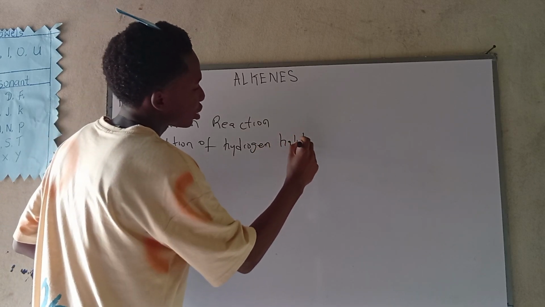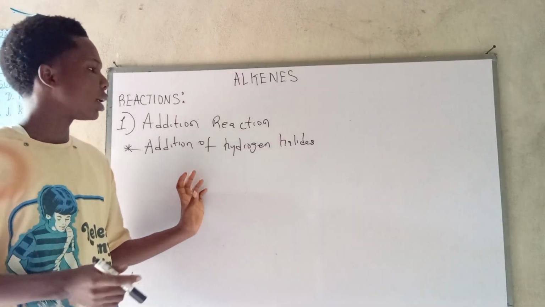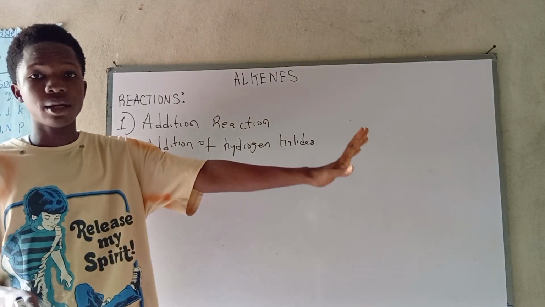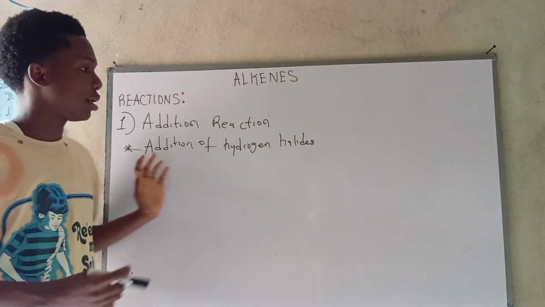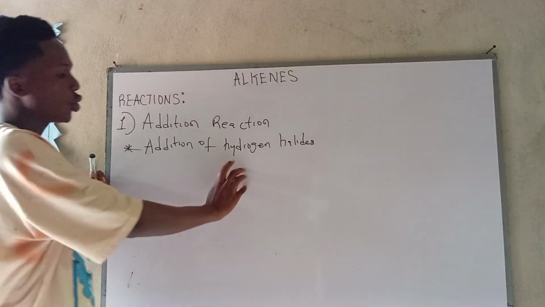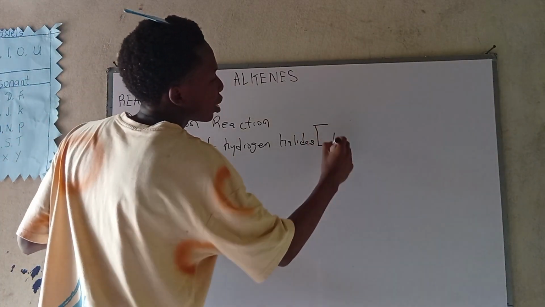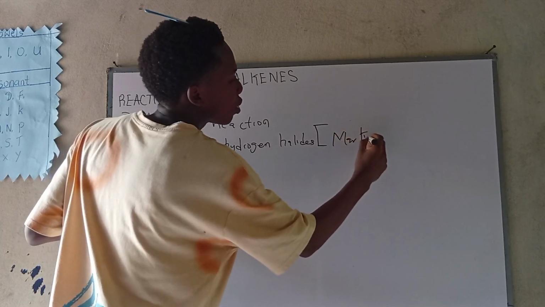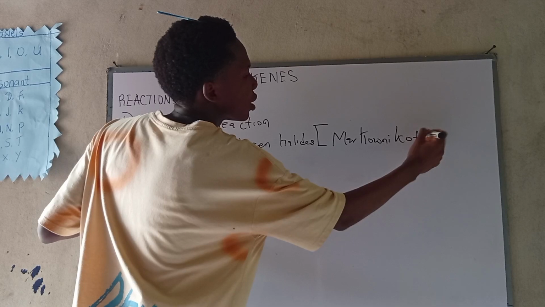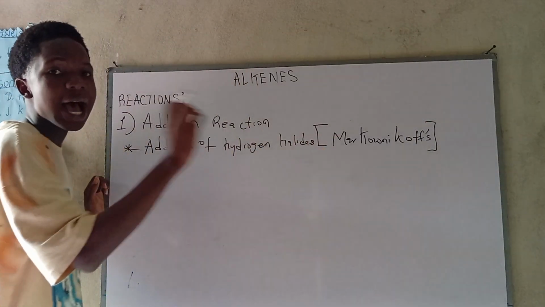First of all, I want to write the general formula before we look into what it actually means. This addition of hydrogen halide can also be called Markovnikov's addition.